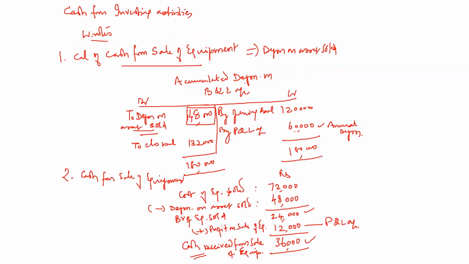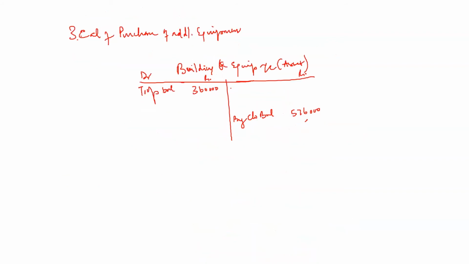When you look at the accumulated depreciation account, this 48,000 is to be transferred through the journal entry: debit accumulated depreciation, credit building and equipment account. So in the building and equipment account, we credit it by accumulated depreciation, which is 48,000.